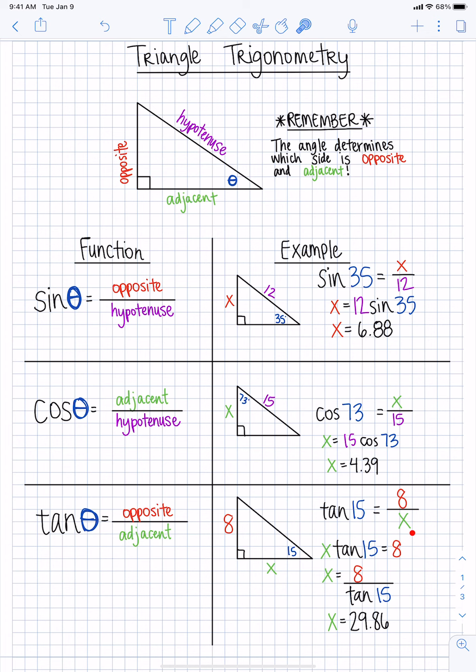If we multiply both sides by x, we get x times the tangent of 15 equals 8, and then we can divide by the tangent of 15 and get x equals 8 divided by the tangent of 15. If you do this in Desmos, you should end up with a number that looks like 29.86, which is the length of the adjacent side right here. That's our x. So these are some examples of our trigonometric functions being used in our triangles.